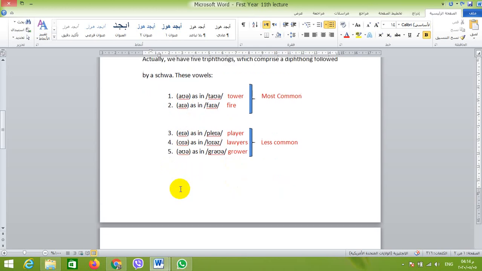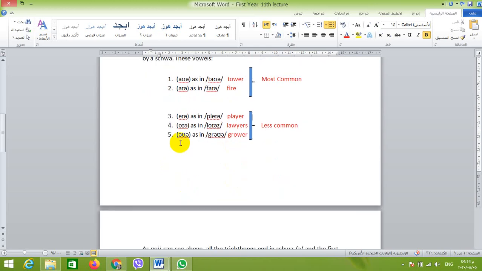Okay. Now we have the less common group, which includes a plus schwa. It becomes aya, just like player. Oya, oy, and a schwa, it becomes oya, like lawyers.